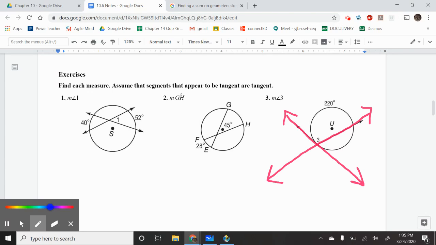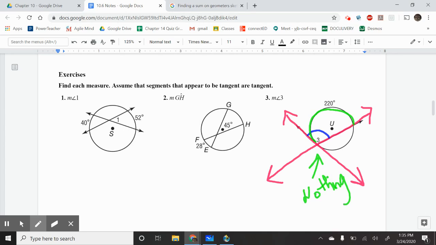We're looking for the measure of angle 3. So let's take a look at our intercepted arc. Here, we are intercepting this arc right here, okay? And on the other side, we are intercepting nothing.